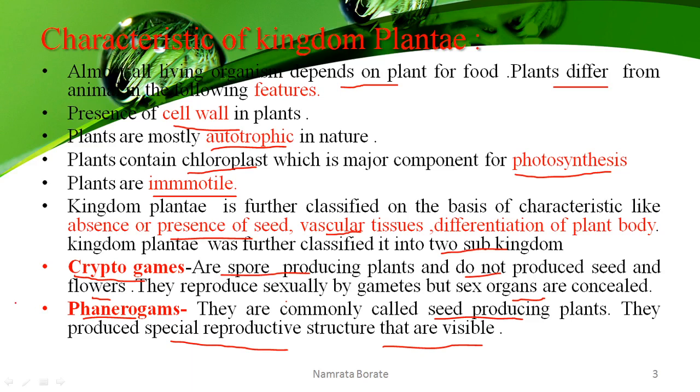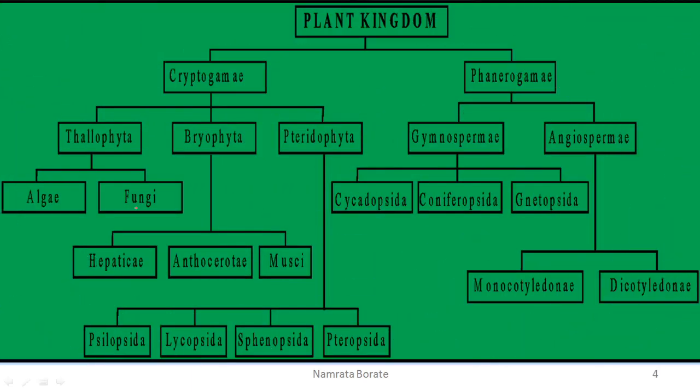Now for Cryptogames, we see the further classification of this plant kingdom. It is further classified on the basis of the presence or absence of vascular system. On the basis of the vascular system, there is only a single one, that's pteridophyte.